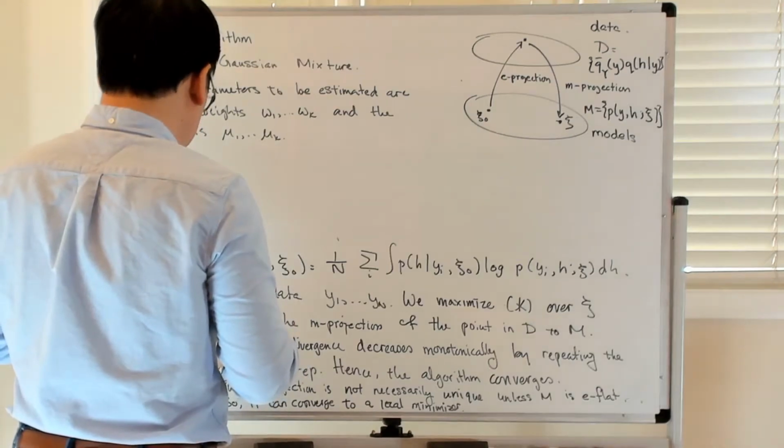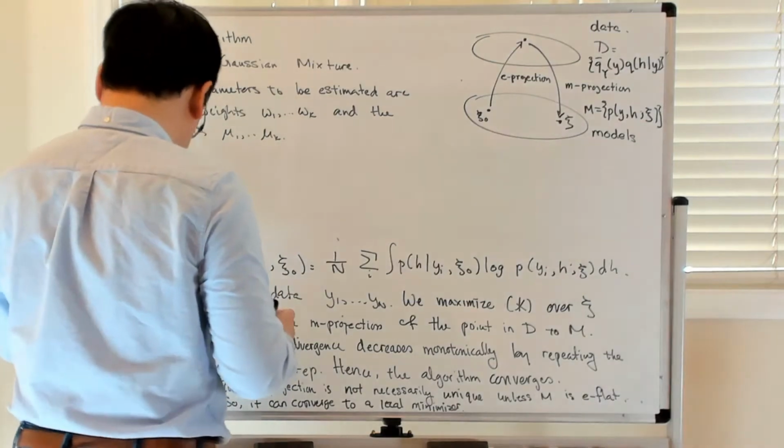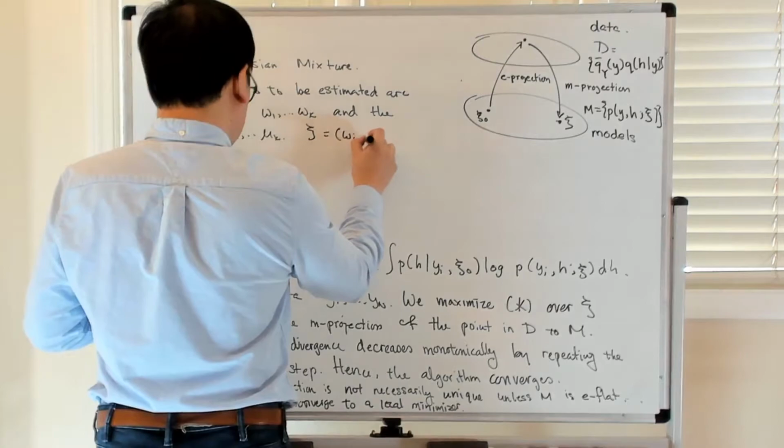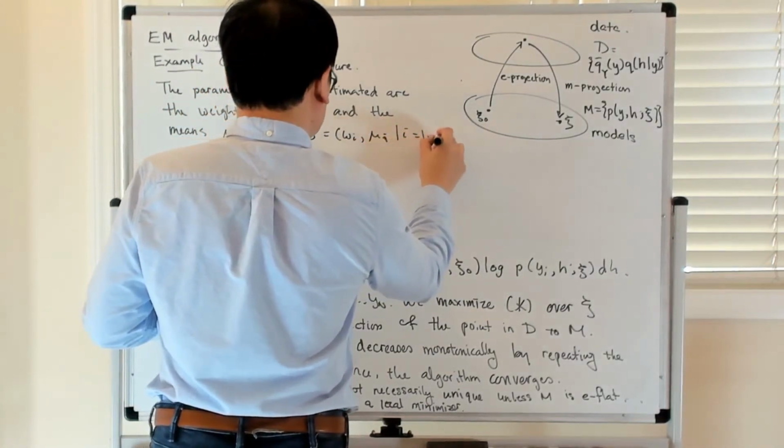So we begin. I should say what C is. So C is just Wi and mu i, for i equals 1 to k.